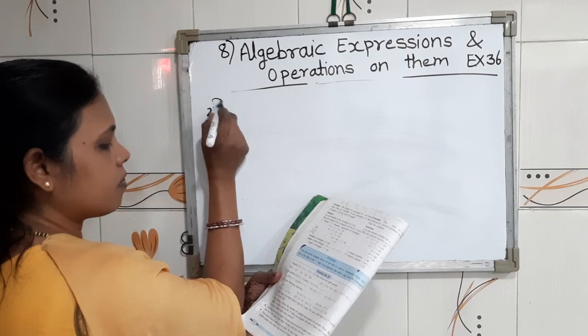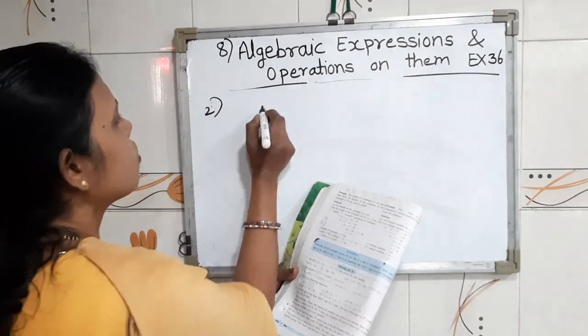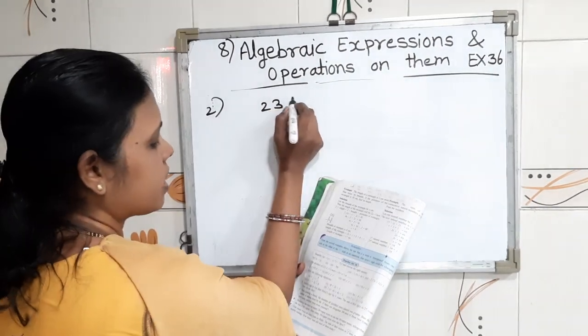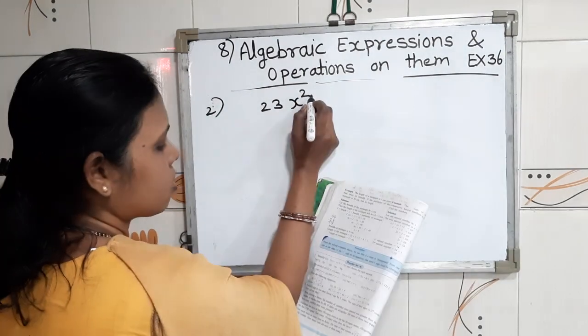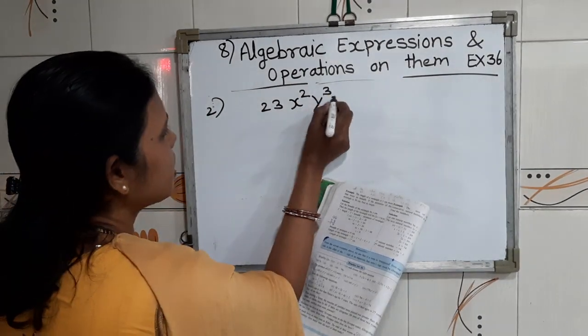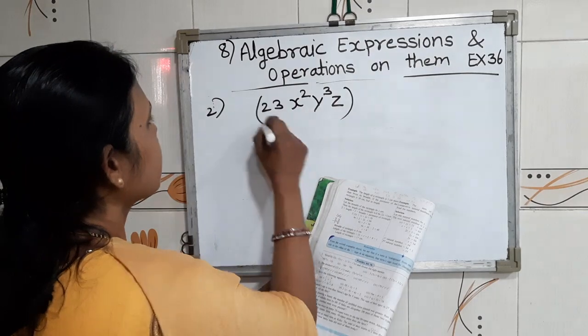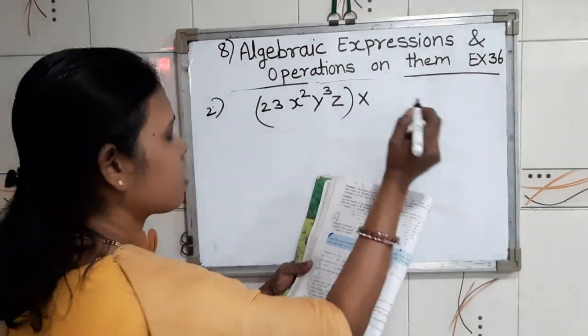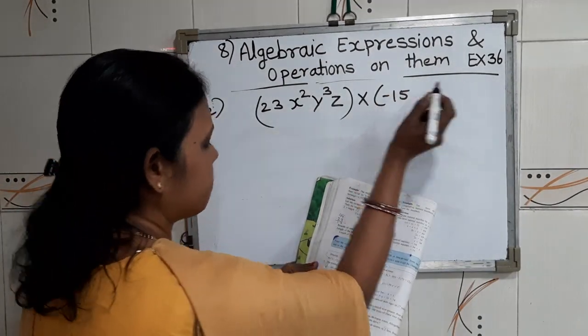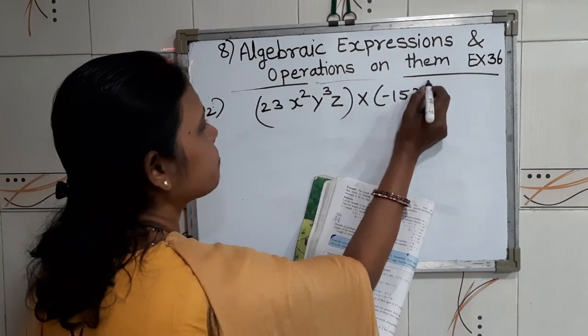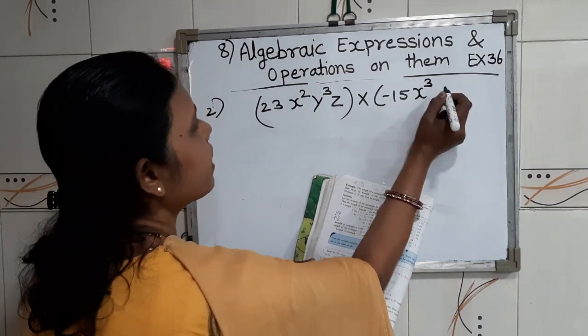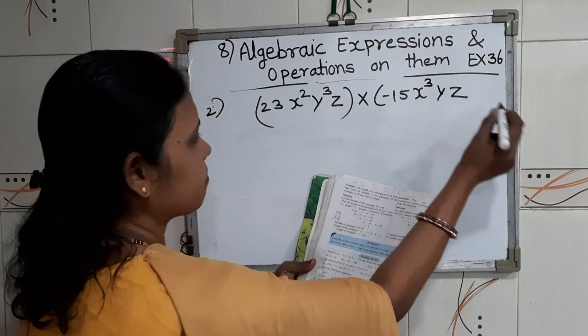Second question is given, the product of 23 x square y cube z multiply by minus 15 x cube y z.